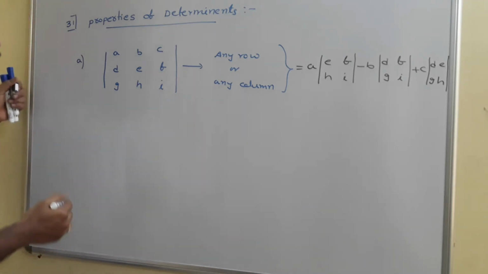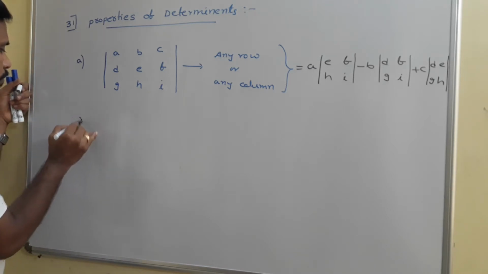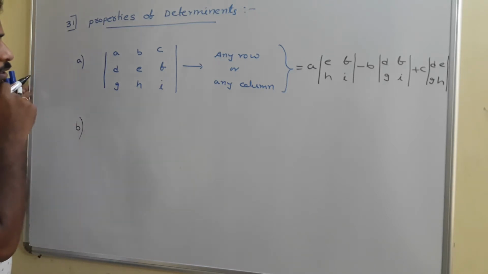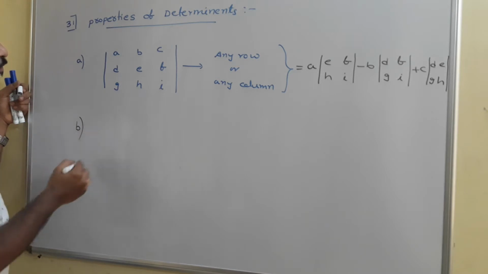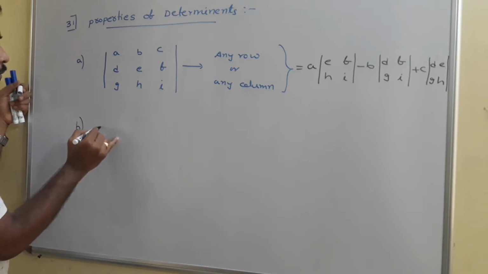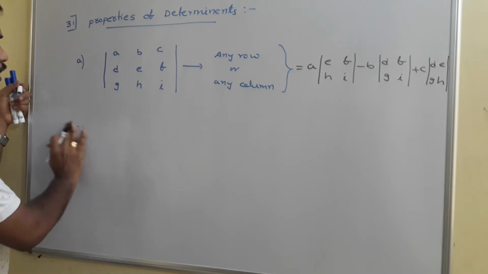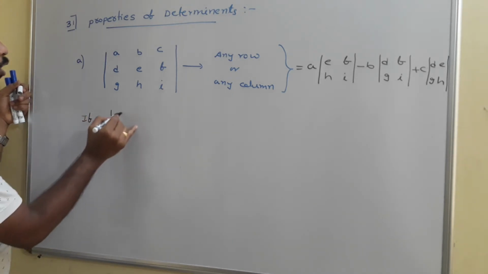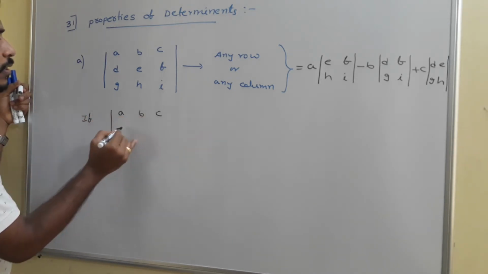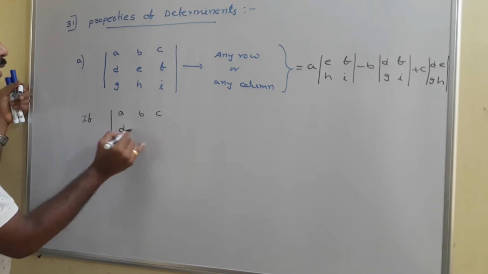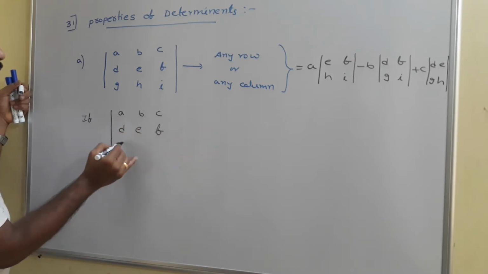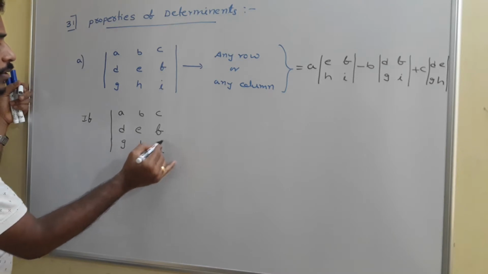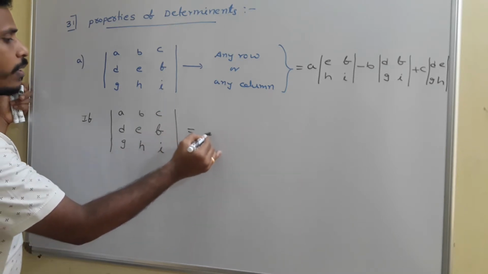With that idea, I am going to find out some more results. Just have a look. Suppose I have a problem like this. You just read this first. If the determinant of A, B, C, D, E, F, G, H, I is equal to some delta.